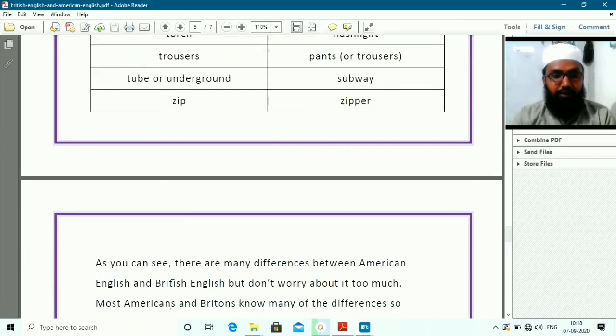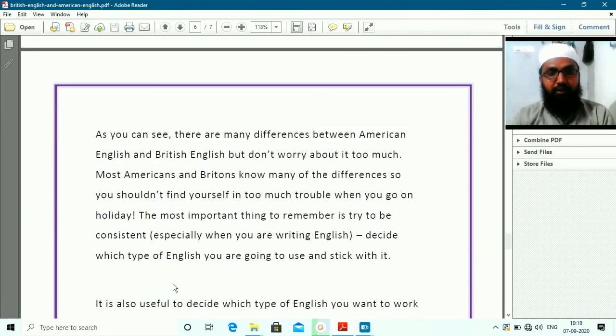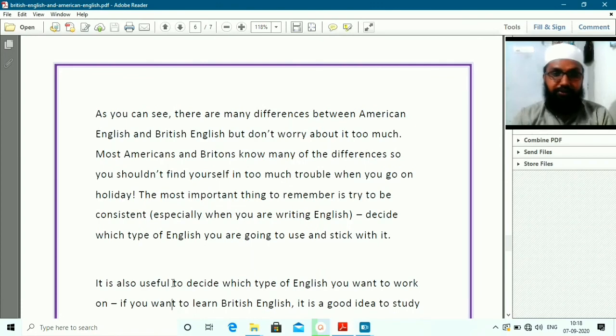As you can see, there are many differences between American English and British English, but don't worry about it too much. Most Americans and Britons know many of the differences, so you should not find yourself in too much trouble when you go on holiday.